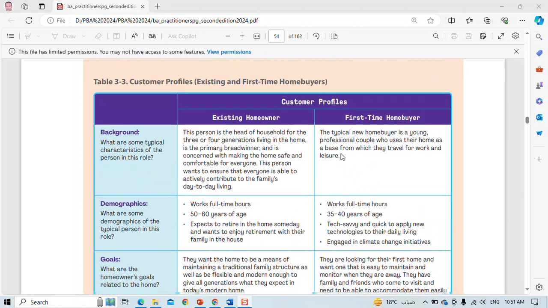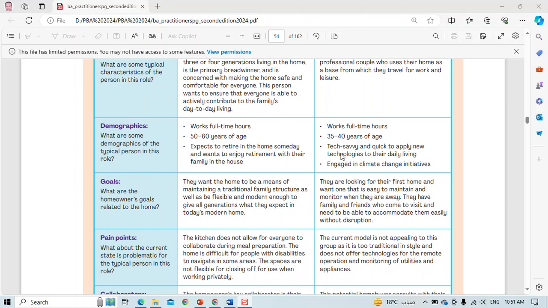So the goals for the existing homeowner: they want the home to be a means of maintaining a traditional family structure, as well as be flexible and modern enough to give all generations what they expect in today's modern home. But what about the new or first-time homeowner?